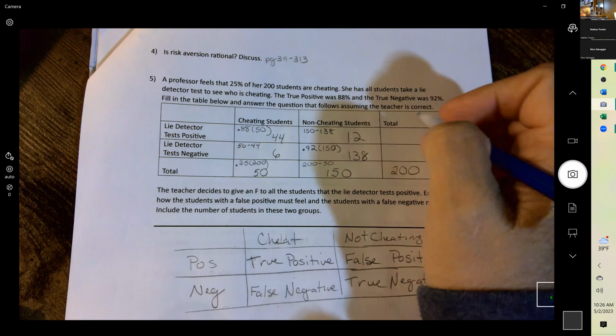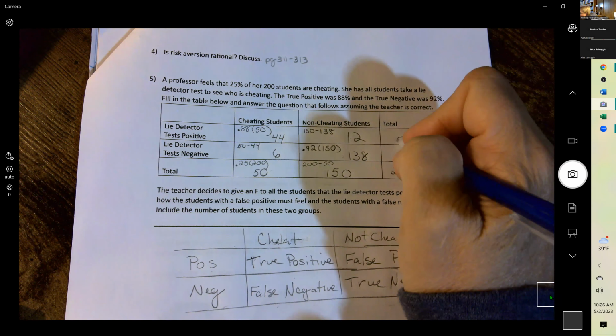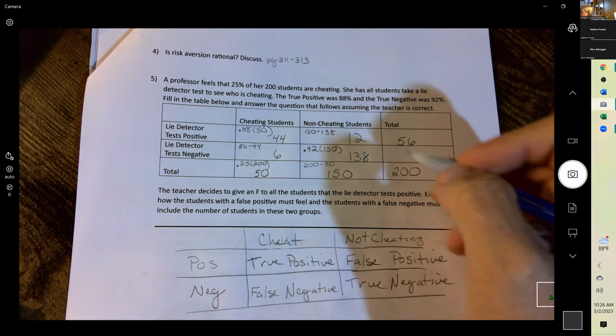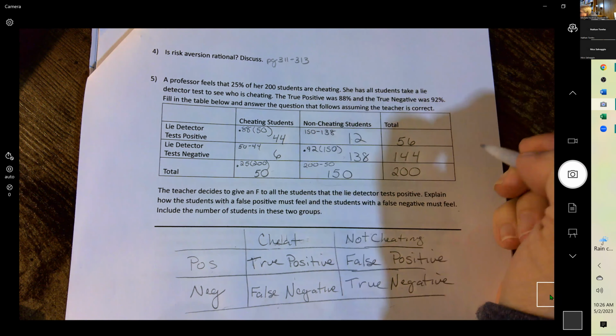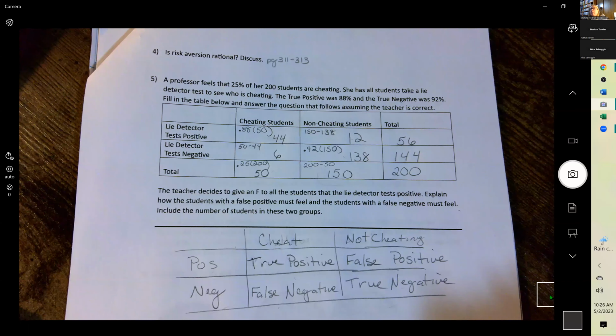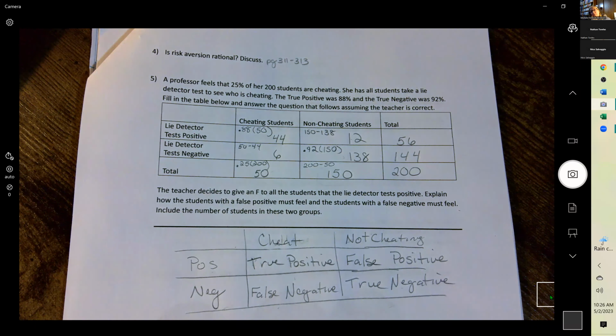Adding across 56, 140, adding down 200. Any questions on filling it out?